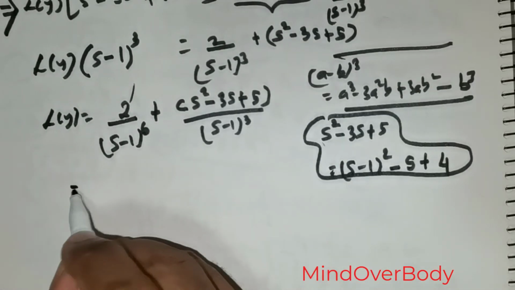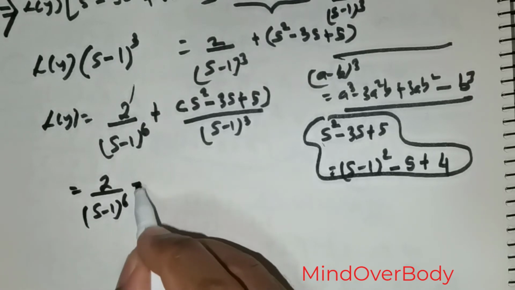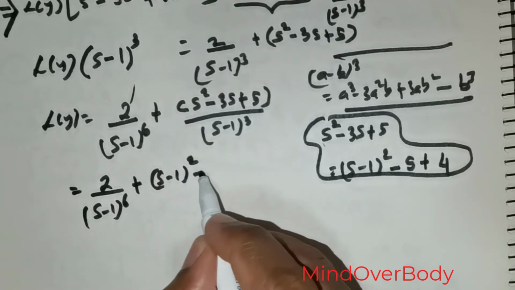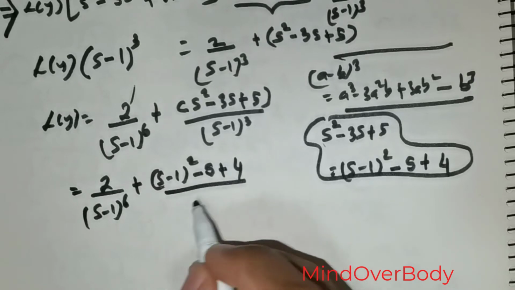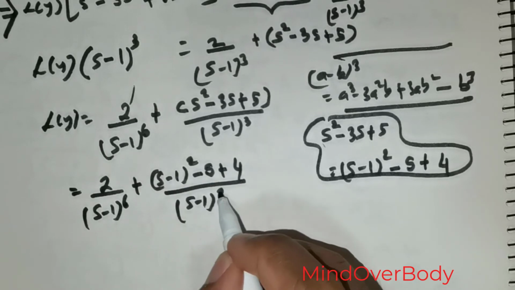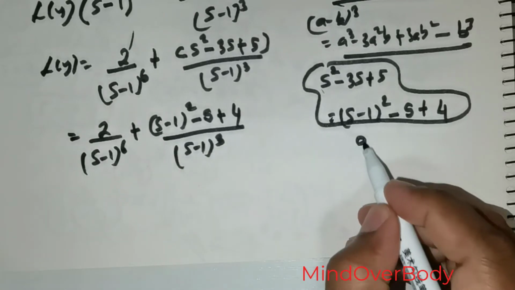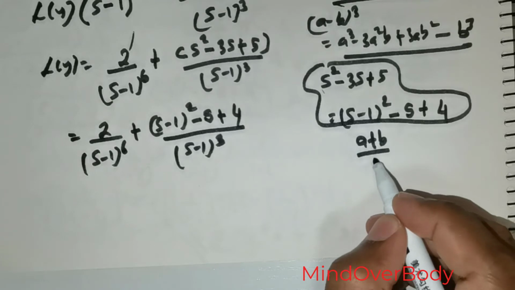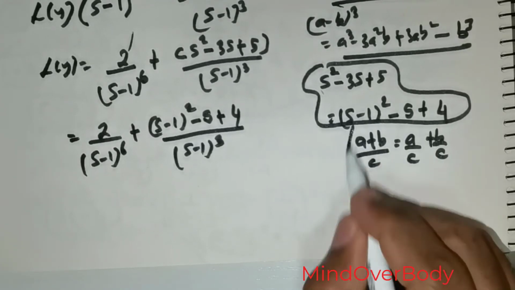So this is equal to 2 over (s - 1)^6 plus ((s - 1)² - s + 4) divided by (s - 1)^3. Now I would like to use this algebraic law: (a + b) over c can be rewritten as a over c plus b over c.